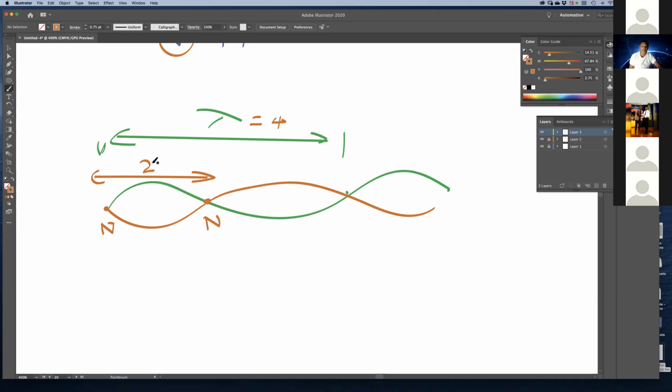So what they gave us, the distance between successive nodes being 2 meters, is another way of telling us that lambda is 4 meters. Okay with that? Yes, sir. I could pull up the handout and go further, but once you've got it, we're fine.